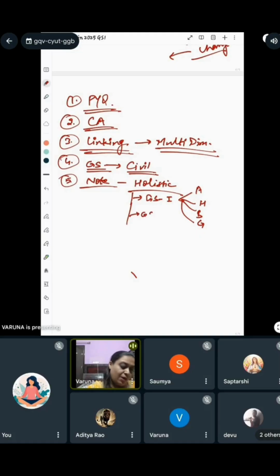Then in GS2, how to relate this topic from the perspective of polity, social justice, international relations, then GS3 and then GS4. We have to prepare a particular topic in a holistic manner.